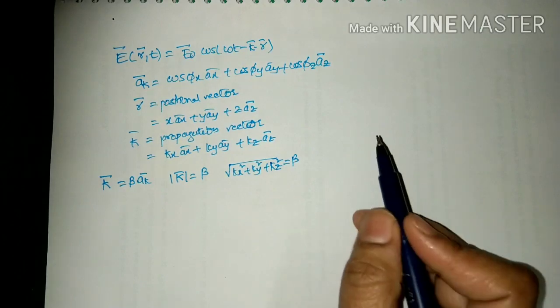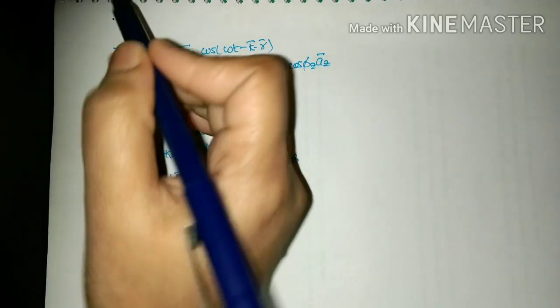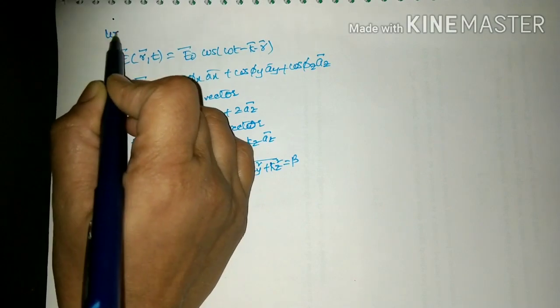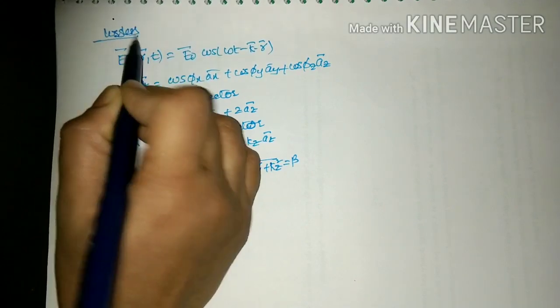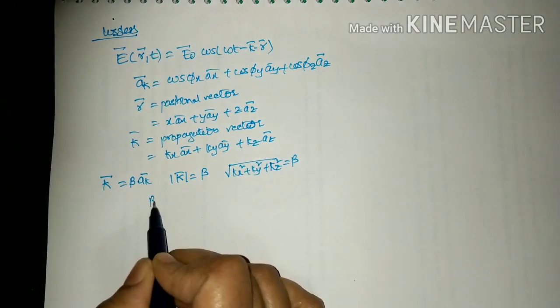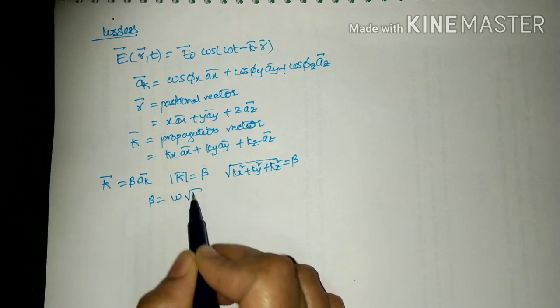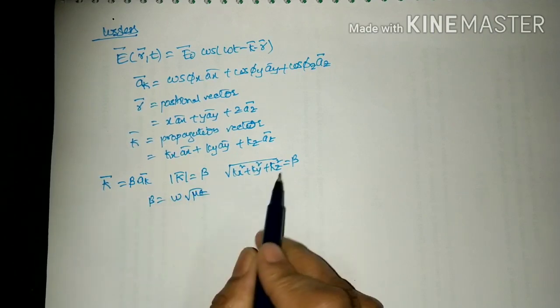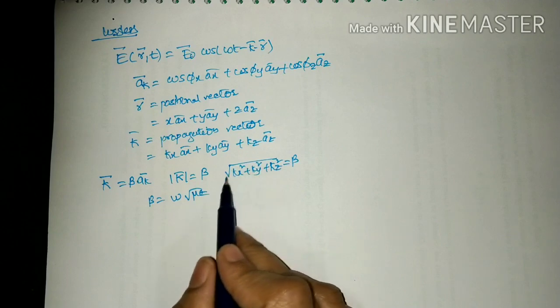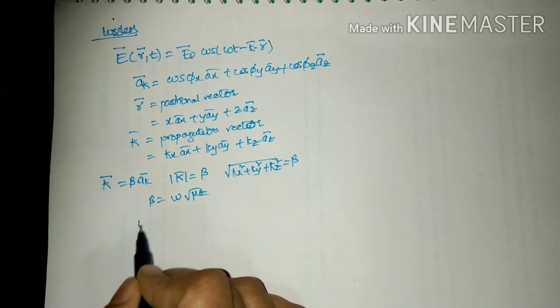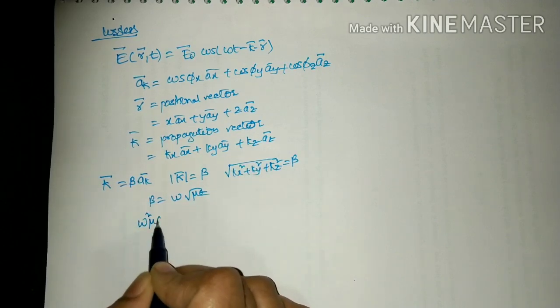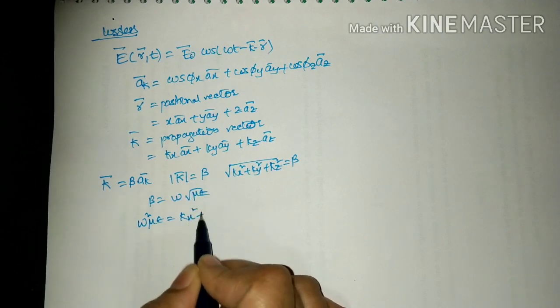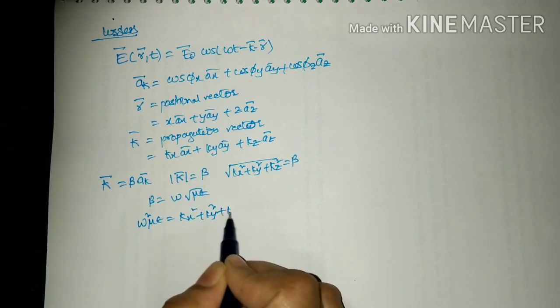For simplicity, we have assumed the medium in which this wave is propagating as lossless. For a lossless medium, beta is given by omega root mu epsilon. So you got the relation between beta and the components of k as omega square mu epsilon is equal to kx square plus ky square plus kz square.